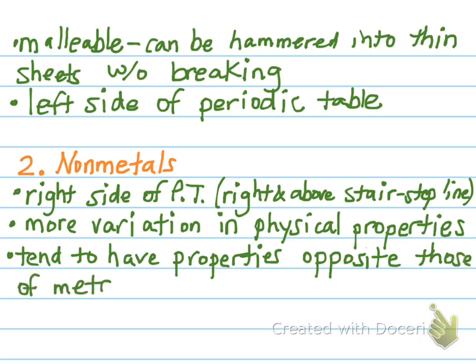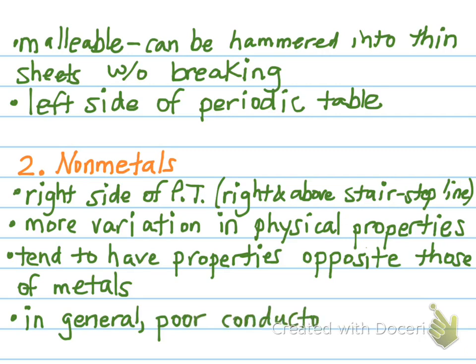And remember, for metals, we said the most important property was that they were good conductors of heat and electric current. So realistically, the most important property of nonmetals is that in general, they are poor conductors of heat and electric current.